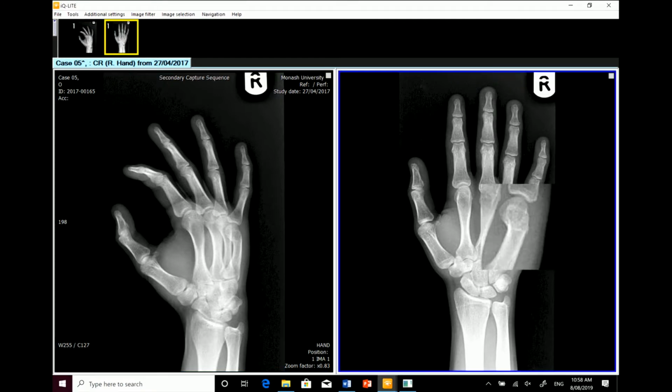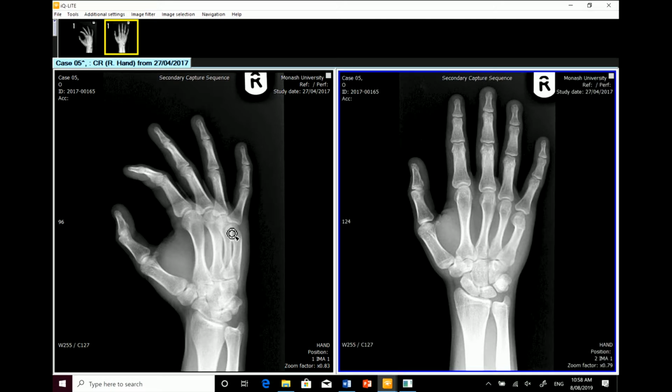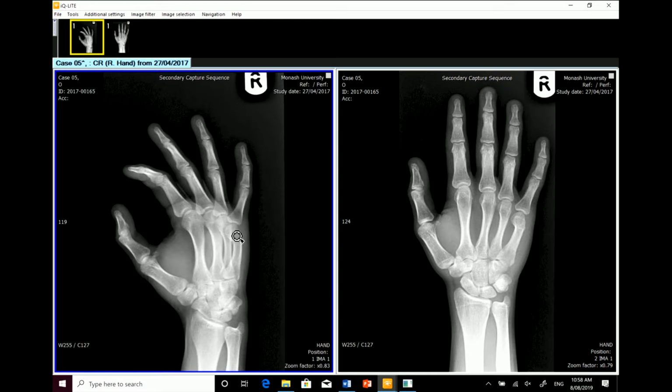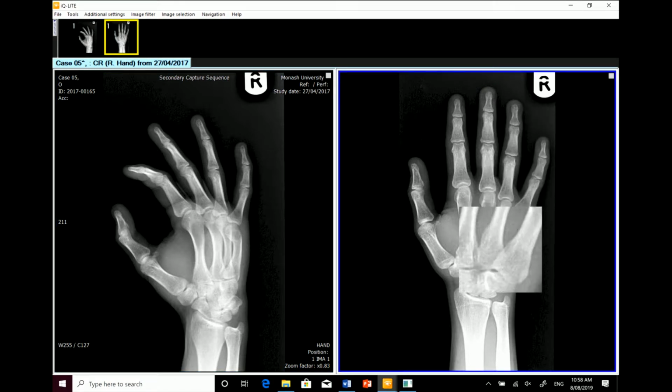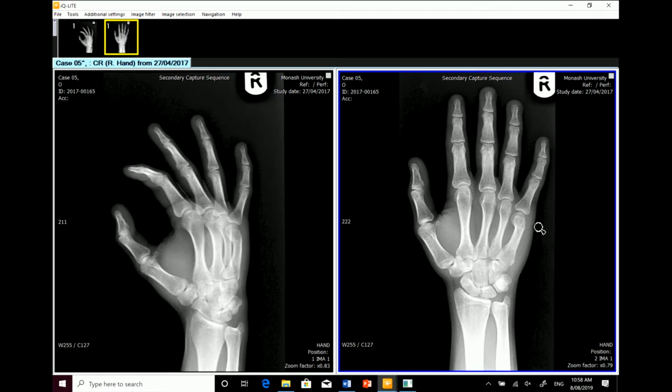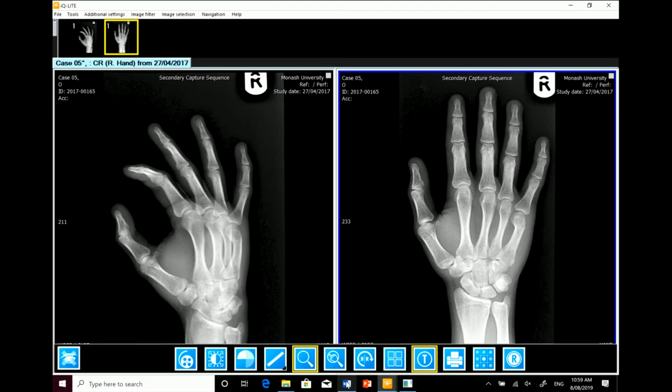On the PA view, we can see on the 5th metacarpal that there is a fracture at the neck of the 5th metacarpal, and you can see on the oblique that it is volarly displaced, and this is in keeping with a Boxer's fracture. There's nothing else, so no joints are involved here, and also no significant soft tissue swelling either.